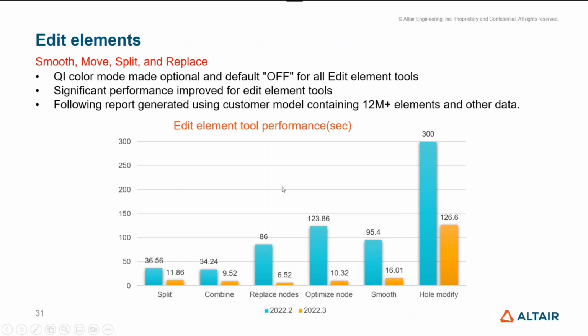There is no problem with small and medium models, but these performance bottlenecks were seen for larger models having a lot of assemblies and things like that. Now with newer versions, it is much faster and reliable.